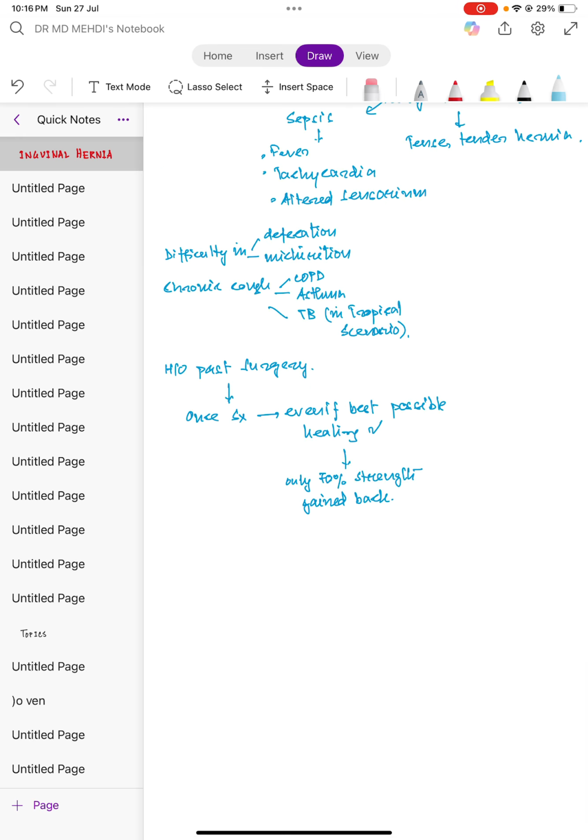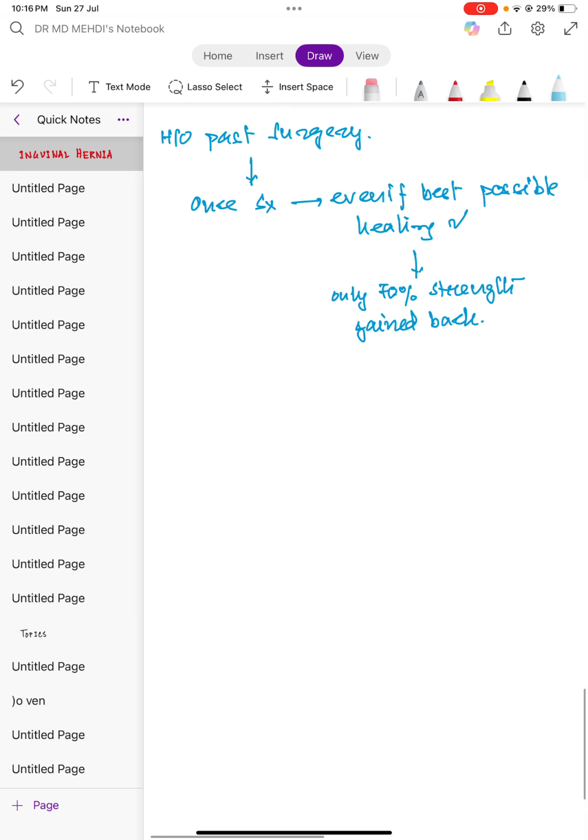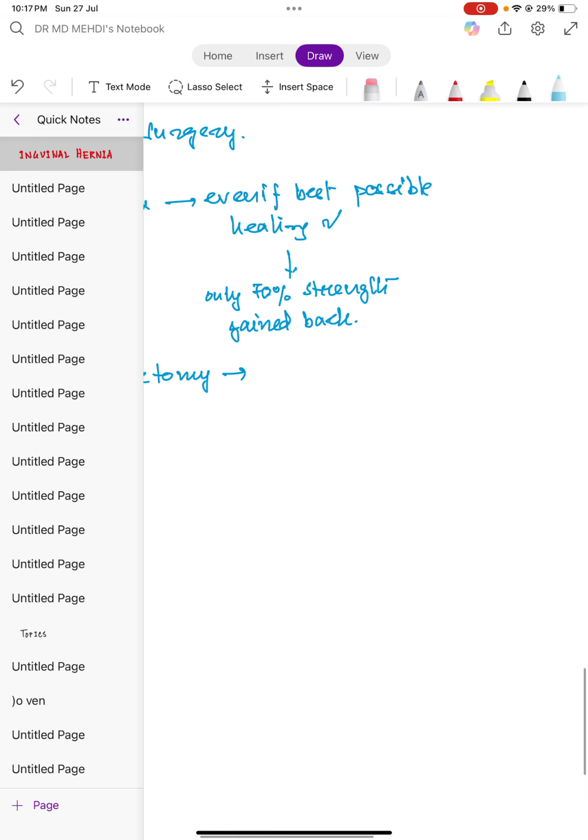Also, previously history was taken of whether any appendicectomy had been done or not. It was an old concept that appendicectomy causes injury to the ilioinguinal and the iliohypogastric nerves, and these predispose to the formation of direct hernia.